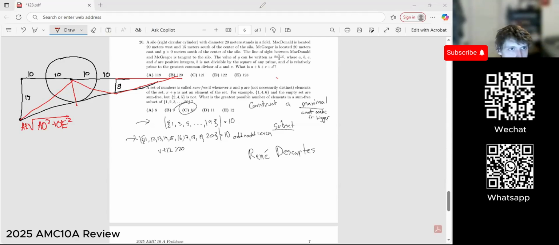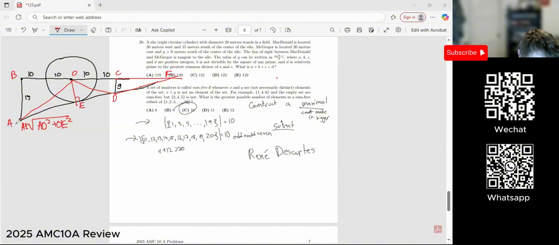I need to label these, sorry. So this is A, B, O, C, D, F, and E. And this is a tangent line, so it's perpendicular there.